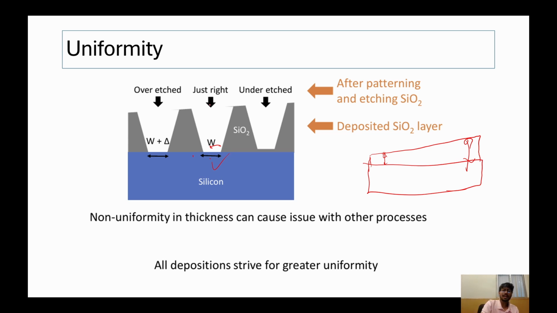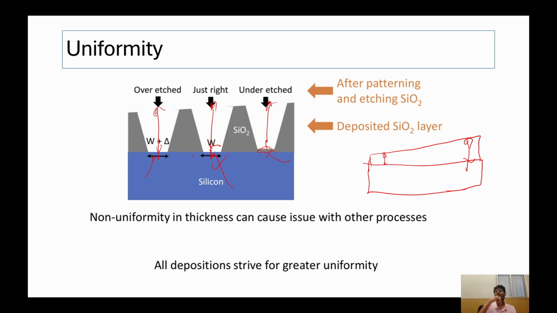For this height you have optimized your recipe. This height is lesser than the height that you have, and this height is larger than that one. So in this one, this layer is not removed, and we wanted to remove this one. And this is perfect at this position.